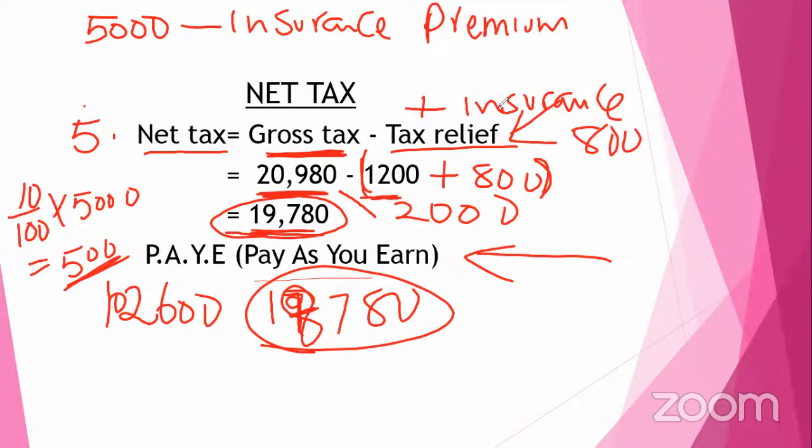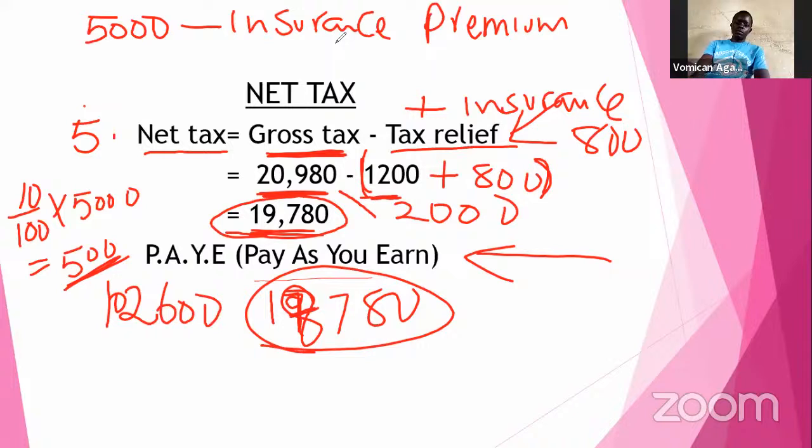Let me see some questions I'm seeing here. You will subtract insurance relief from the premium you are to pay? No. Insurance relief is a relief. You subtract it from the gross tax. Reliefs are treated in an equal way. Somebody is asking whether I'll subtract relief from premium. No. Premium is not your money.